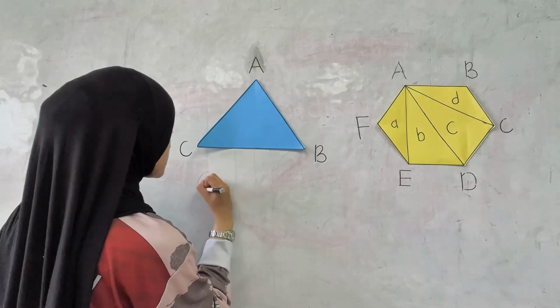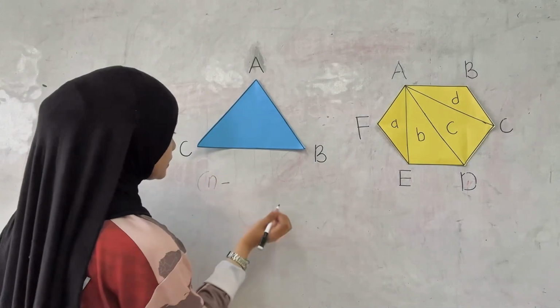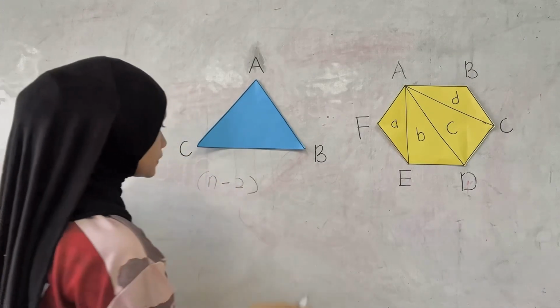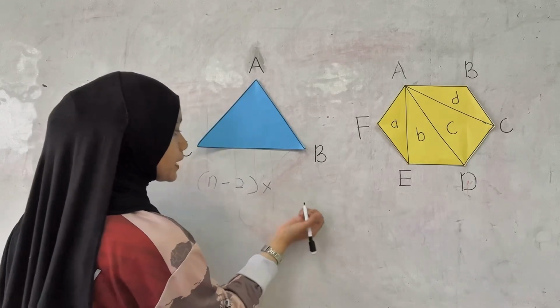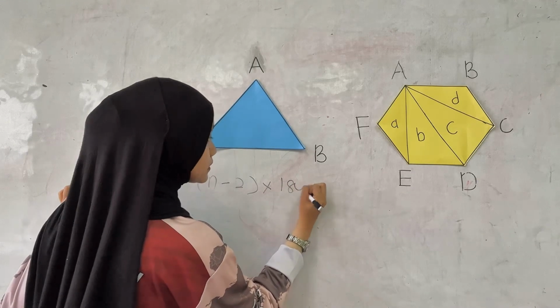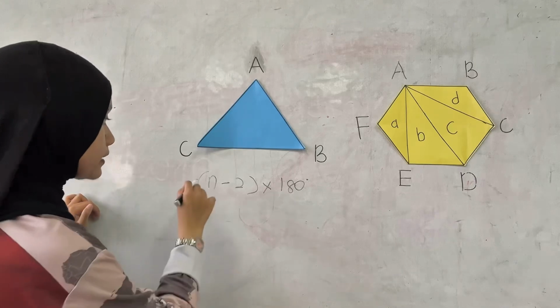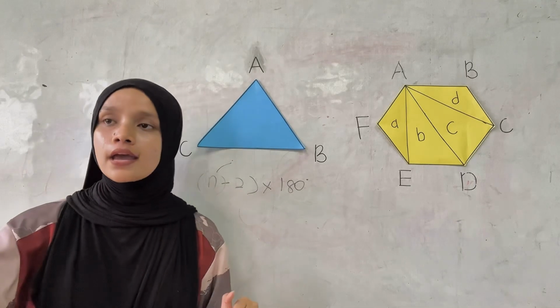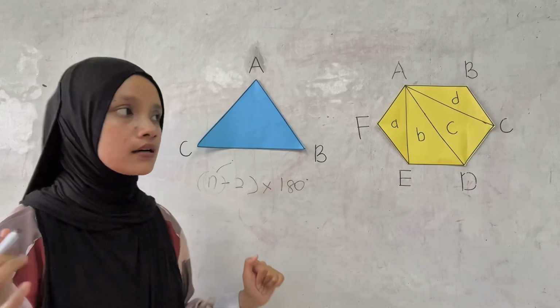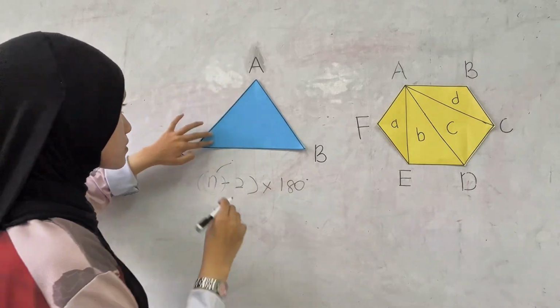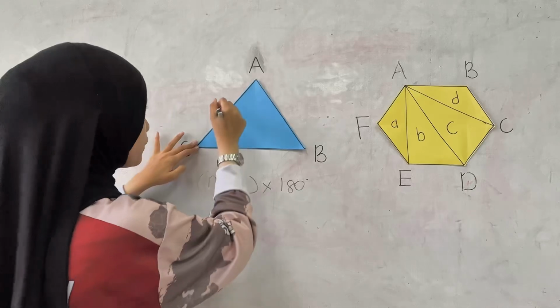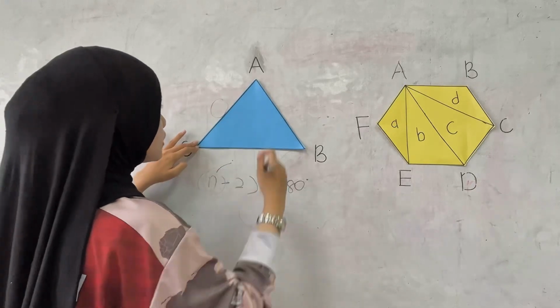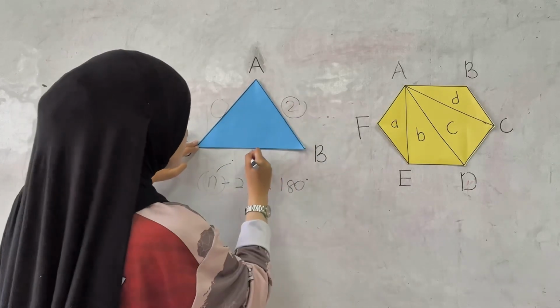So the formula is n minus 2 multiplied by 180 degrees. I have told you, what is n? n is the number of sides of the triangle. Here we can count one side, 2 sides, and 3 sides.